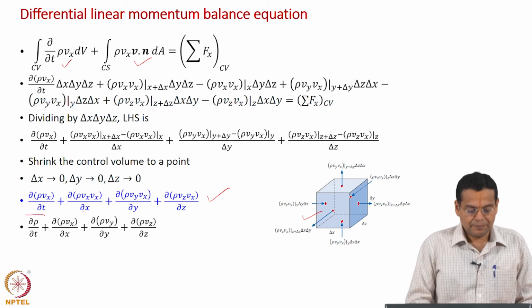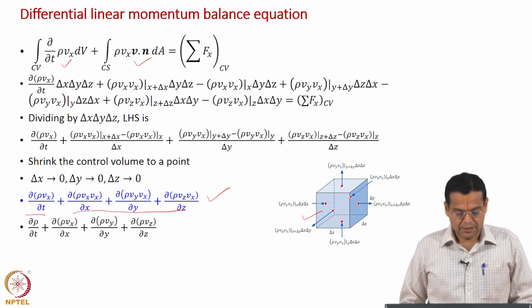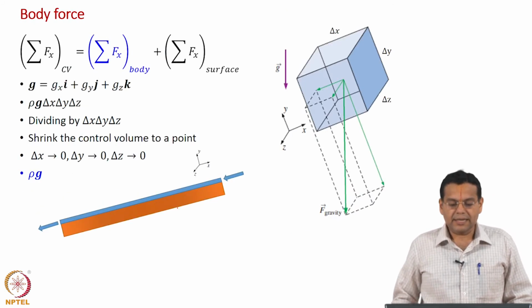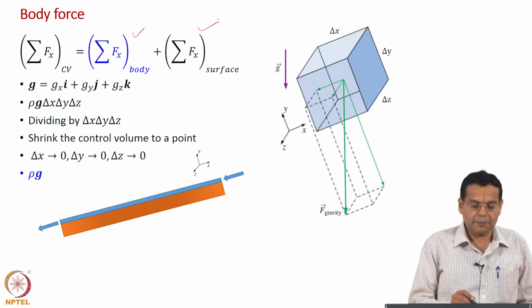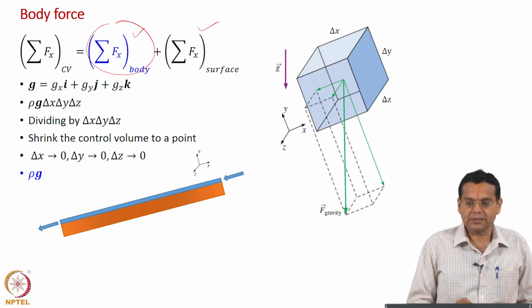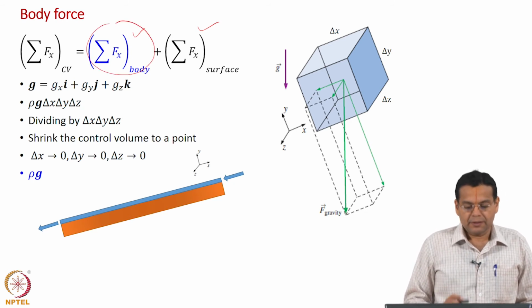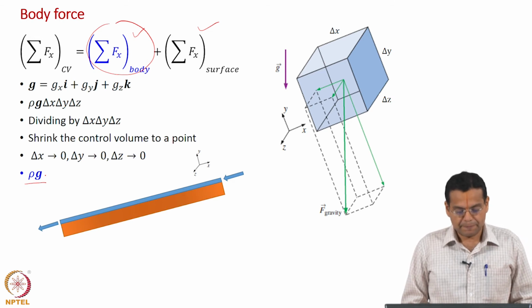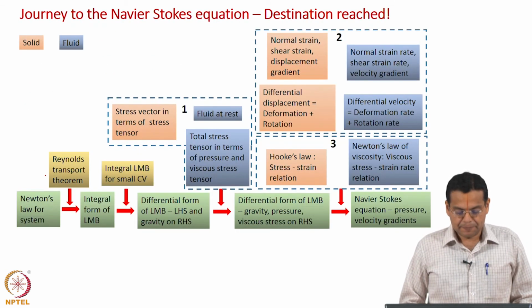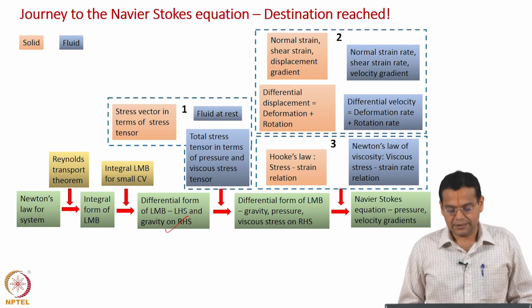On the right hand side we had the body forces and the surface forces. At that point of time we discussed only the body forces, that is, due only to the gravitational effect, and we expressed the body force as rho into g vector. So, at the end of this we were here: the differential form of linear momentum balance, the left hand side and gravity on the right hand side.